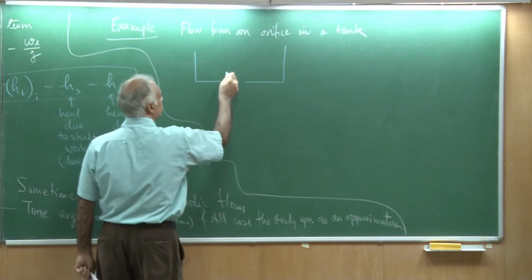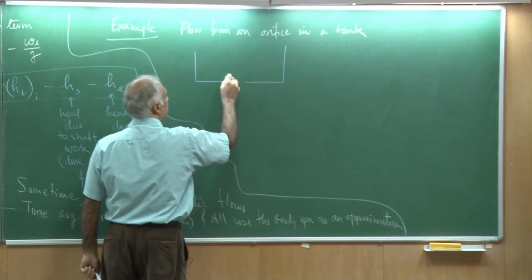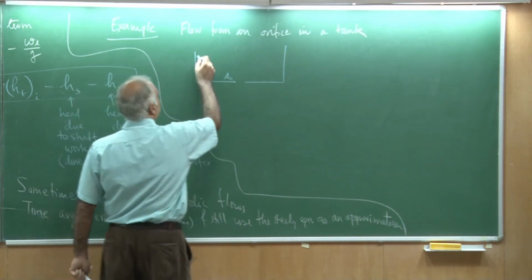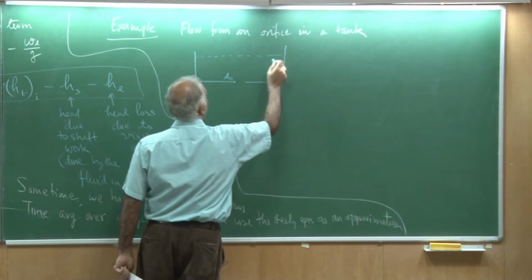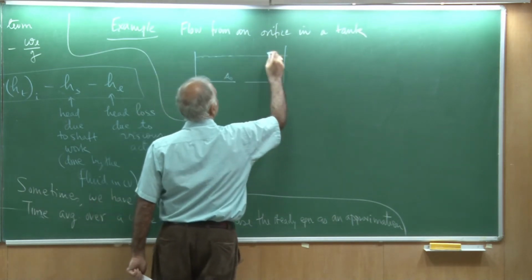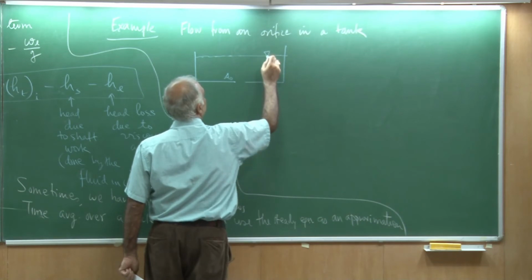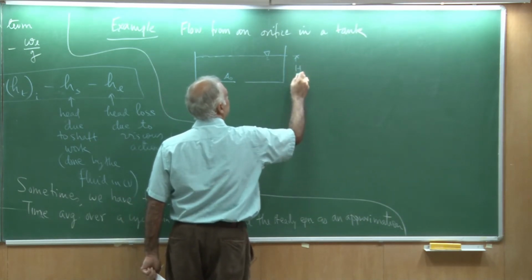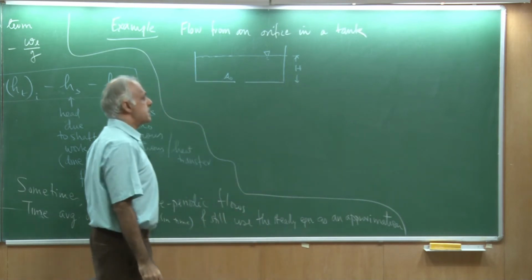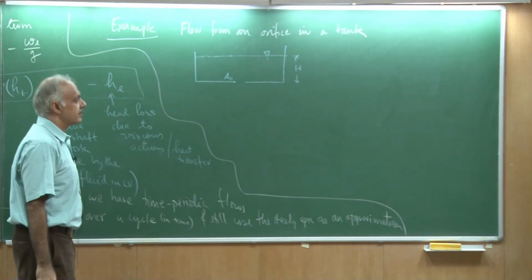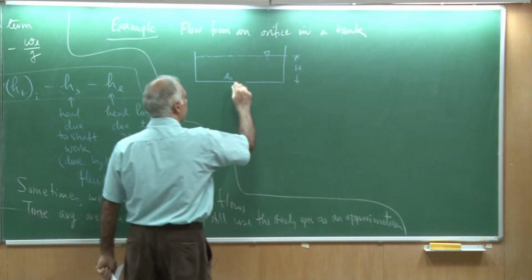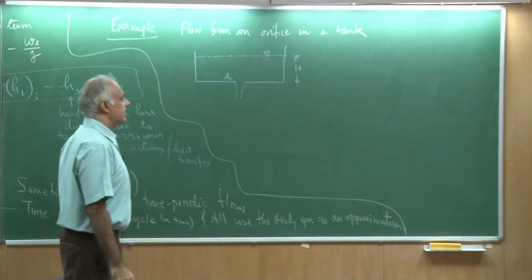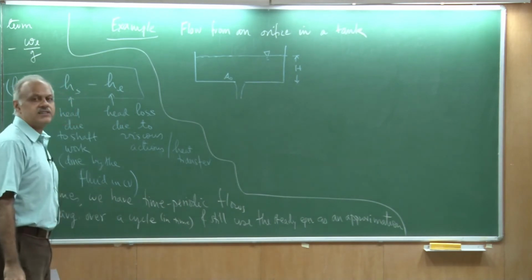Let us call this the area of the orifice, and it has water up to a certain height. Let us call this H. And I want to figure out what rate this tank discharges.